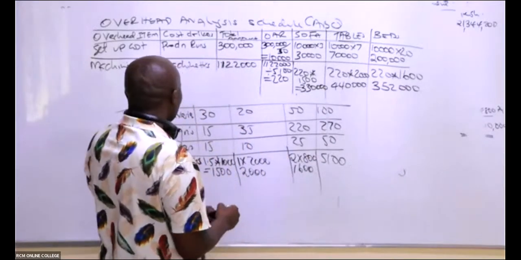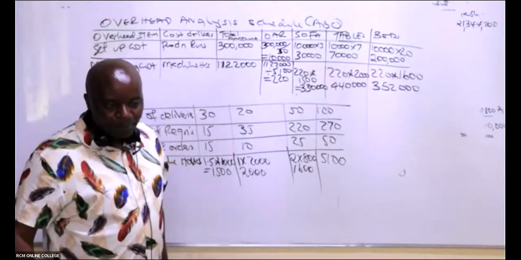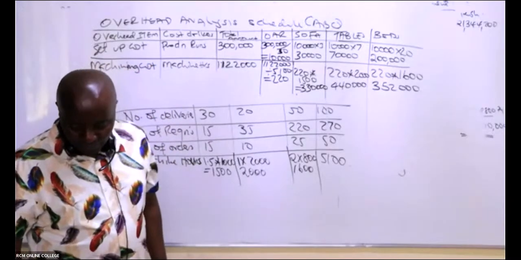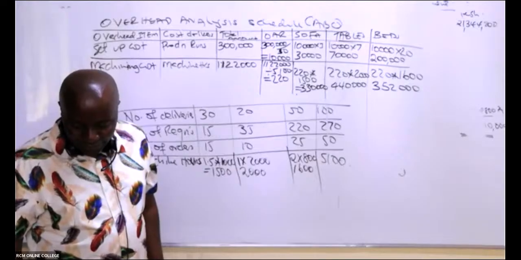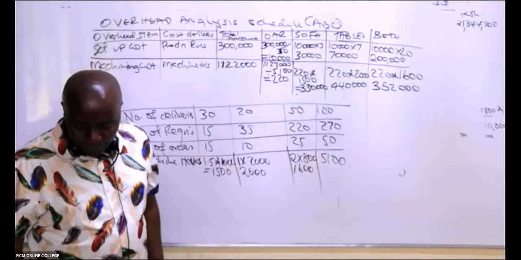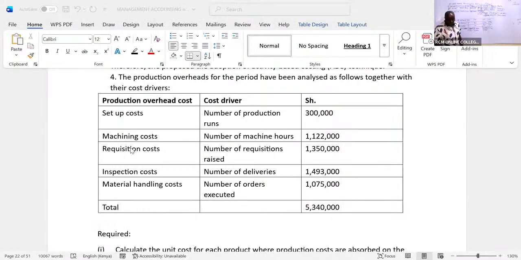So after that, the next one, ladies and gentlemen, is known as what here? Requisition cost. Please go ahead and do the entries for me.